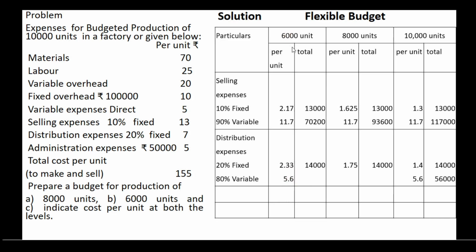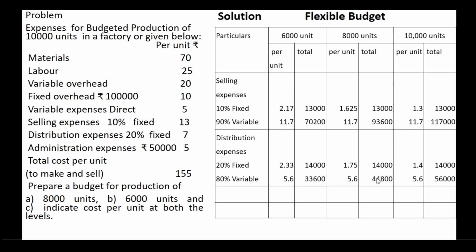So 5.6 into 6,000, the amount is 33,600 rupees. And in the 8,000 unit, the cost per unit is 5.6 into 8,000. So the total amount is 44,800.